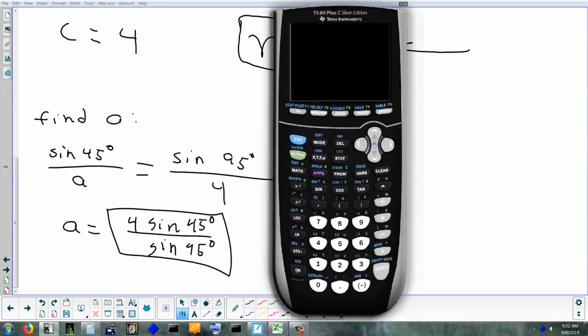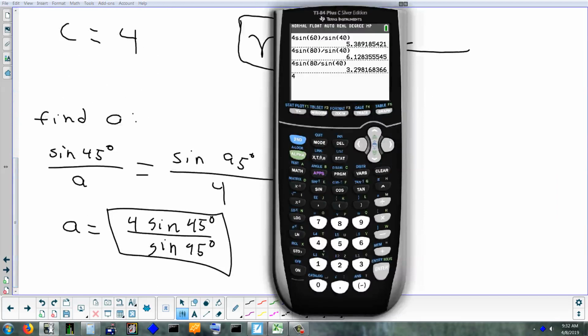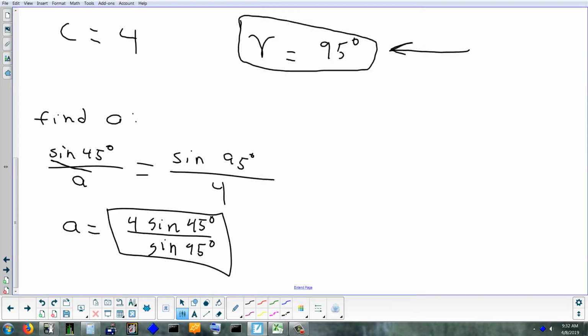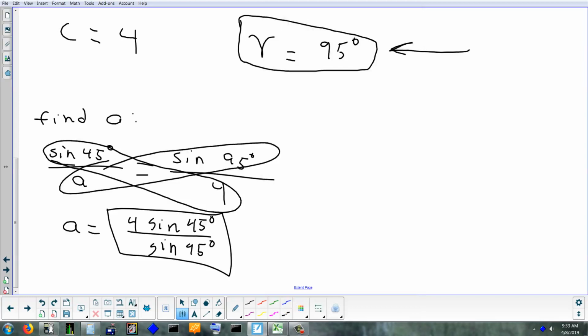Okay, so let's see what we get. 4 sine 45 divided by sine 95. Why did you flip them? Because you cross multiply. So you've got 4 sine 45 equals A sine 95.